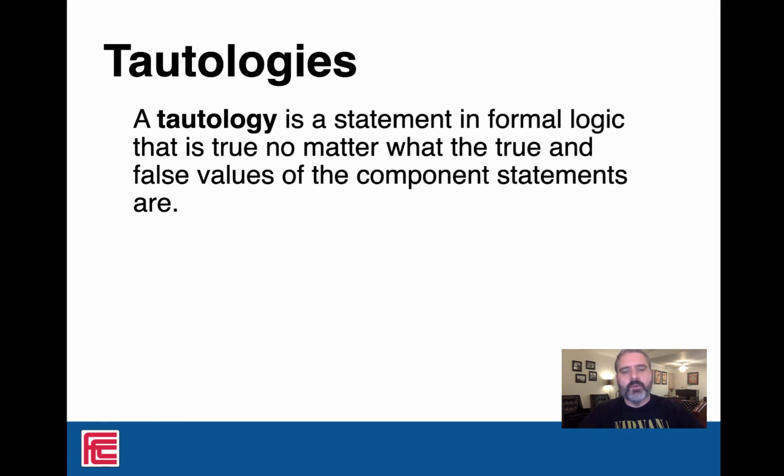So if you take P implies Q or whatever, P and Q are components of that statement. They could have true, false values all on their own, right? And so what this says is that it does not matter what the true, false values are, for every single possible option, this statement is always going to be true. It is a tautology. It is always true.